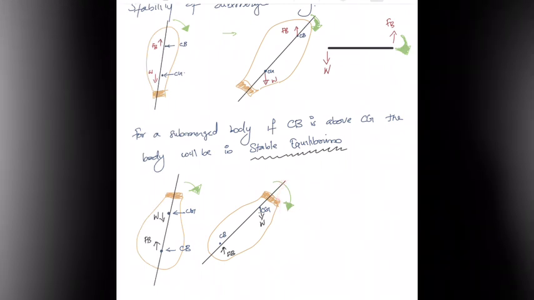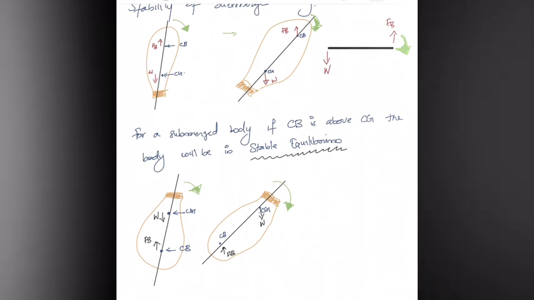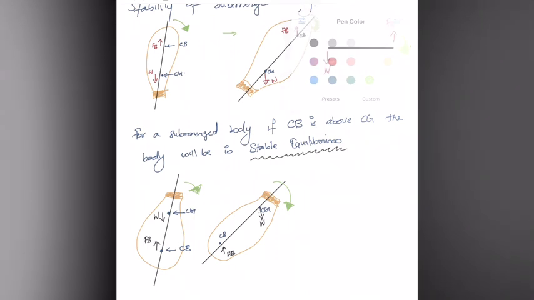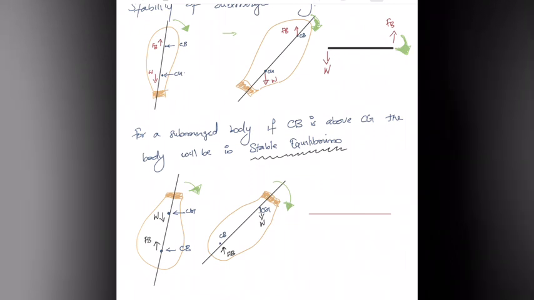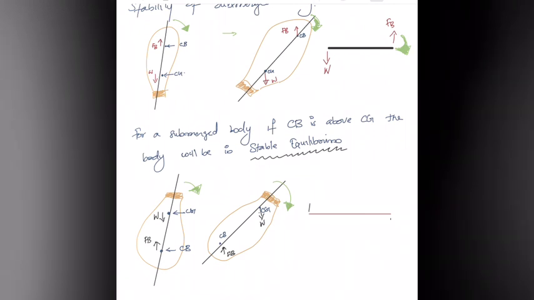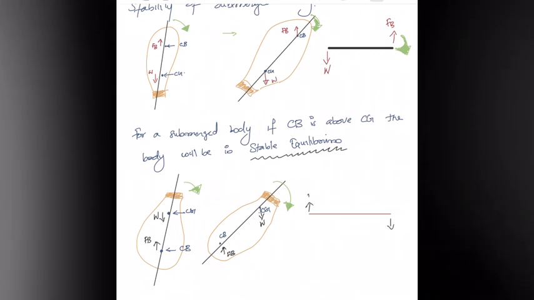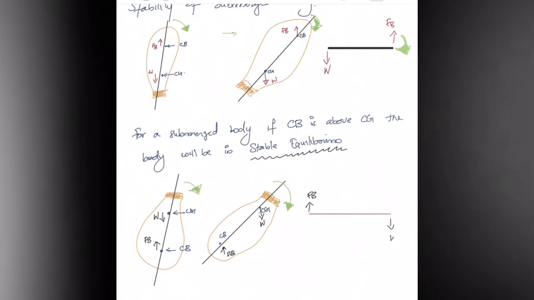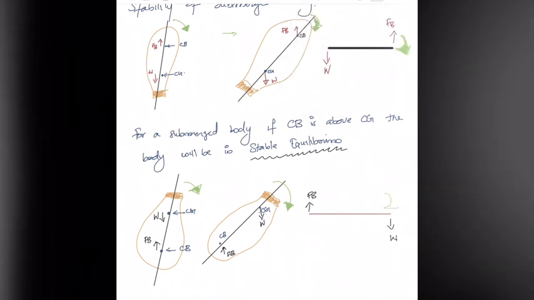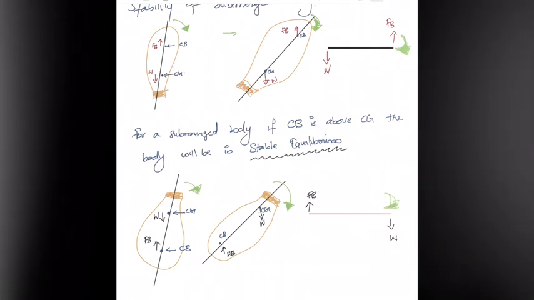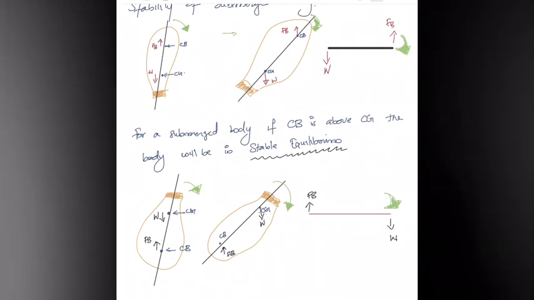If I draw this whole situation to the side, this is FB, this is weight, and the green one is the clockwise moment coming due to the tilting.